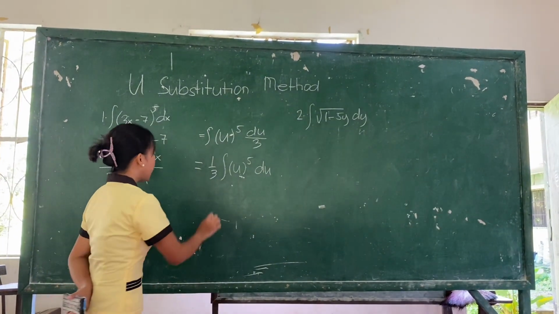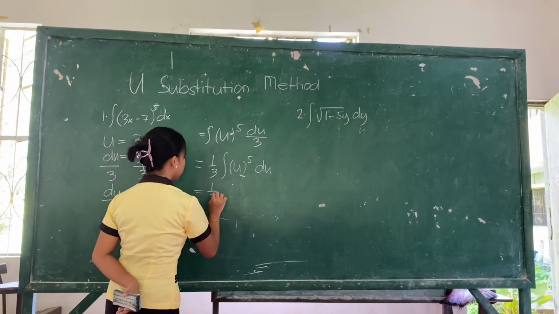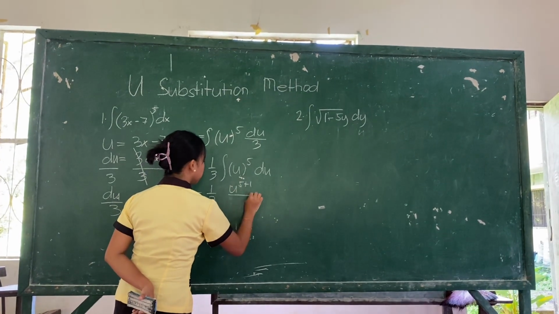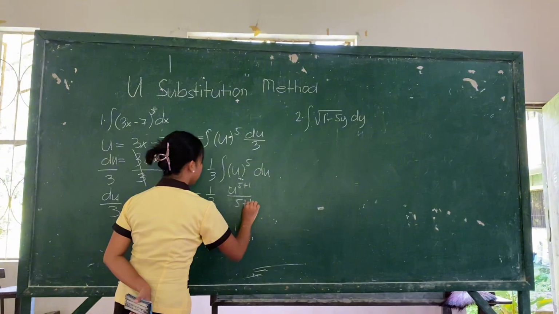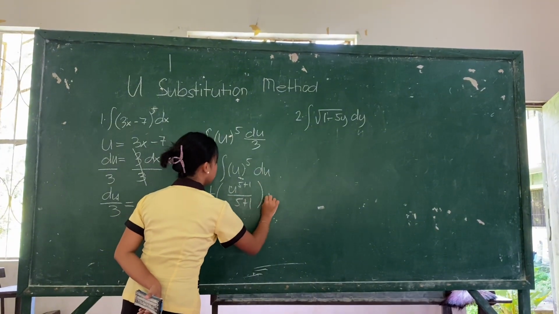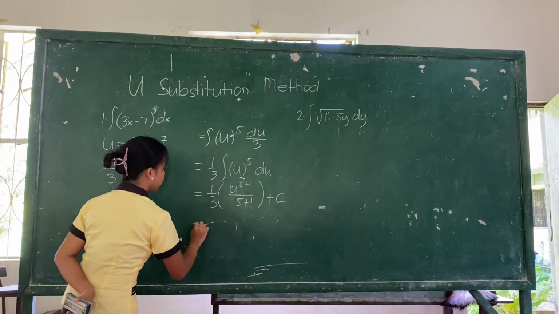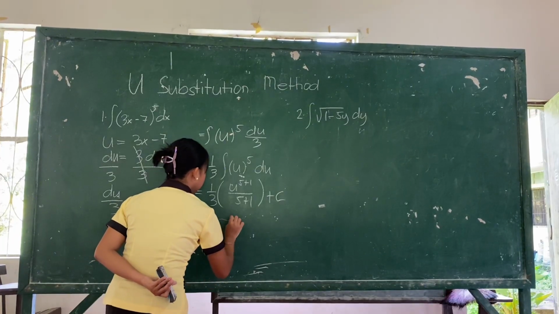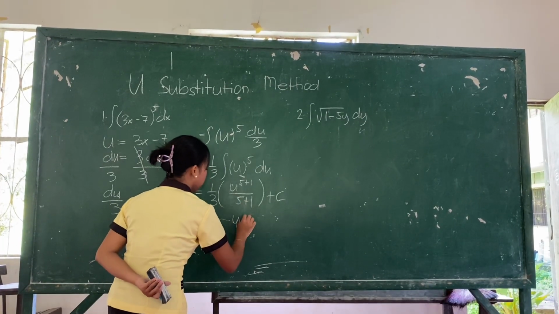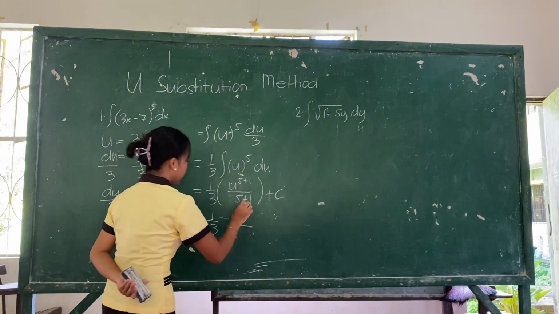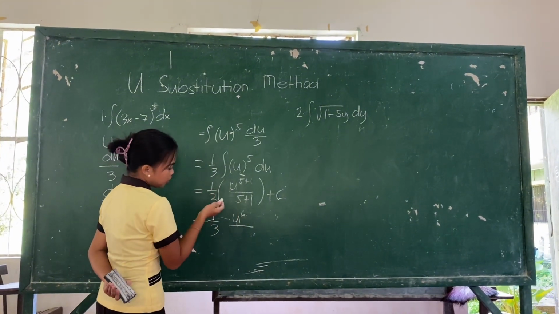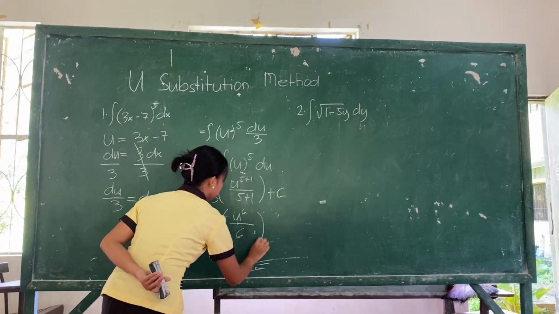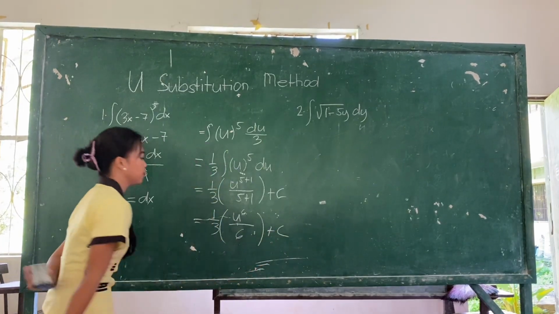Next step, apply power rule. 1/3 u^(5+1) over 5+1 plus c. Equate: 5 plus 1 is equal to 6 plus c.